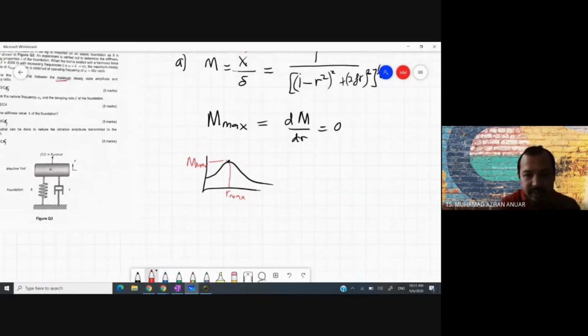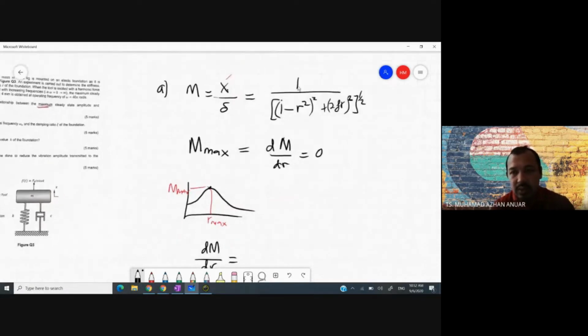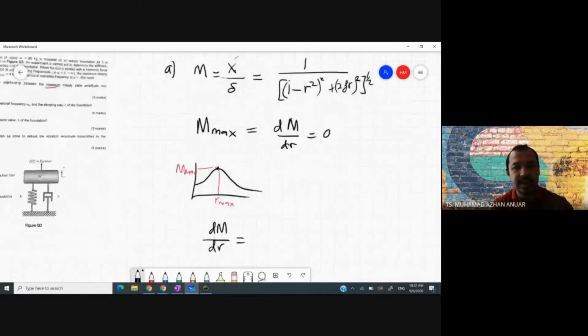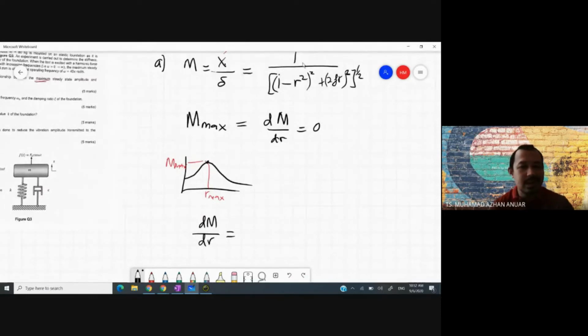If we differentiate M with respect to R, our equation is basically 1 divided by the terms. If you recall from the mathematical differentiation that you learned before, we can differentiate this expression using the division formula.